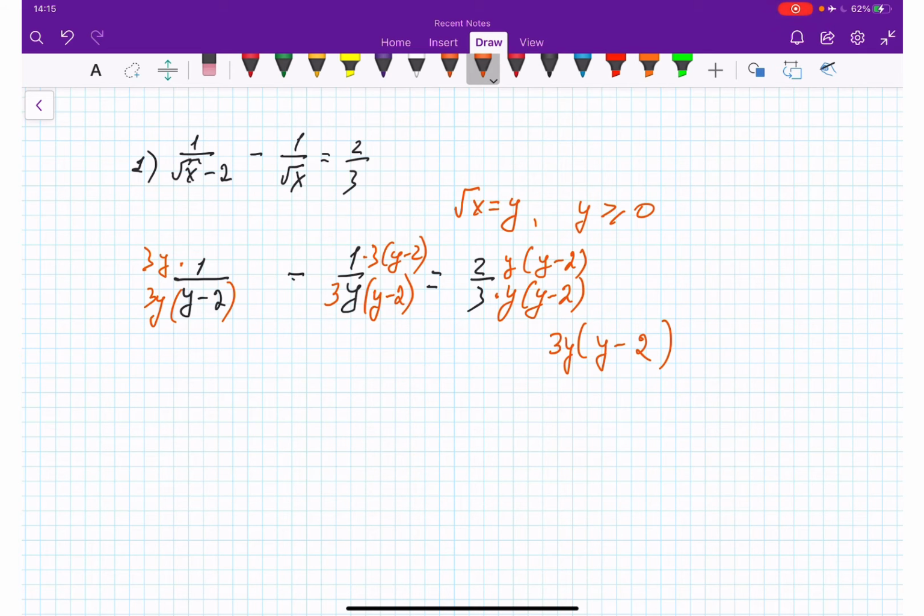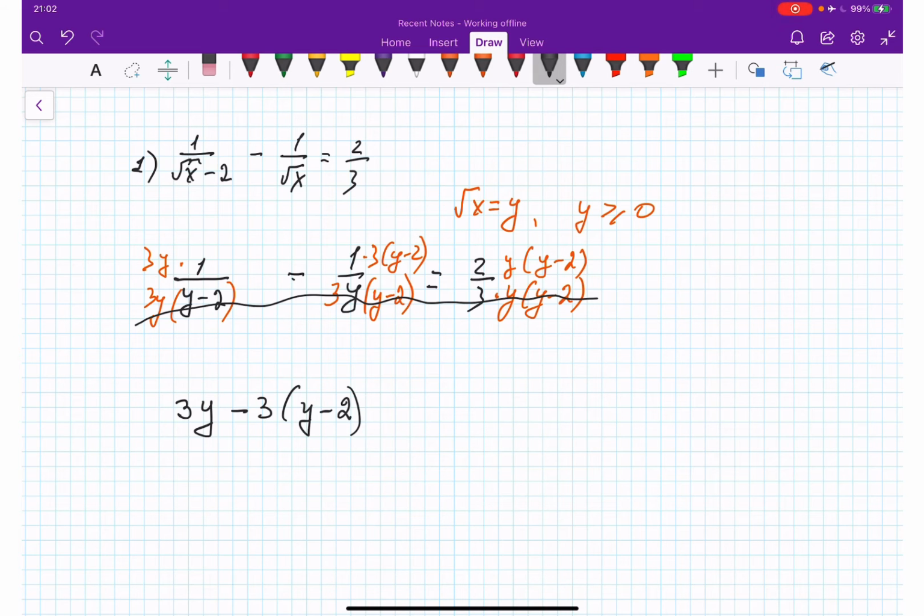We have the same common denominator across the equation, so we are going to throw this denominator out of the window. Let me clean it, we don't need it anymore. As a result we will have 3y minus 3 times y minus 2 minus 2y times y minus 2, and all this is equal to 0, right?